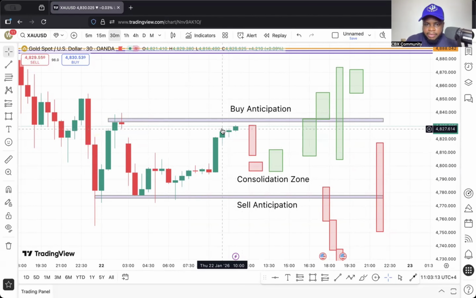But the moment we open a position, I will not advise you guys to put your stop loss at 97 pips. No, because if this candle is able to break our resistance zone, I don't see any reason why the candle should also come back to get to our stop loss, because we are anticipating it to continue to go up since there is volume in the market.